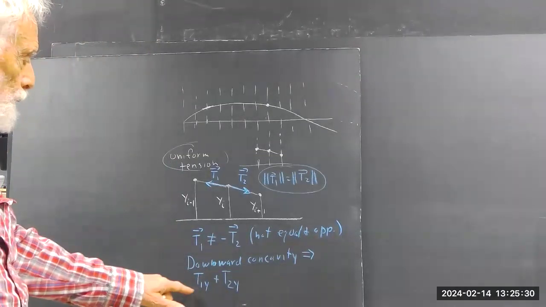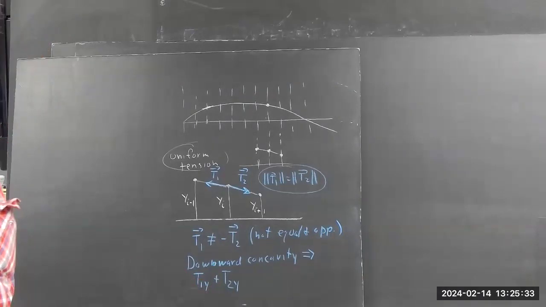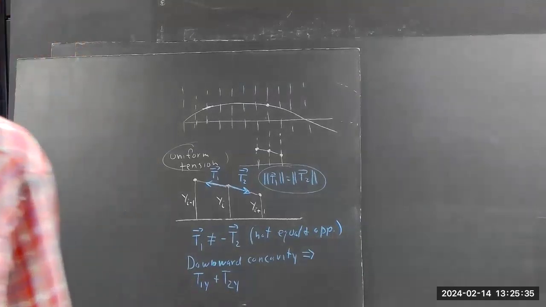What can we say about T1y plus T2y, assuming tensions are equal?